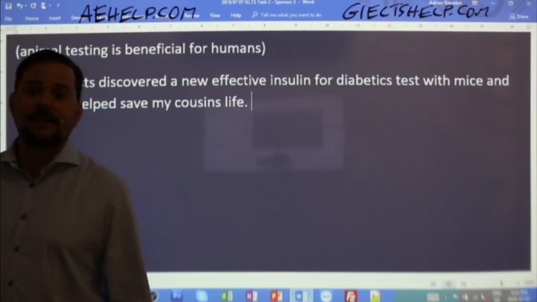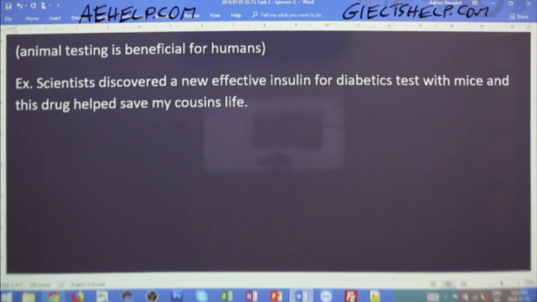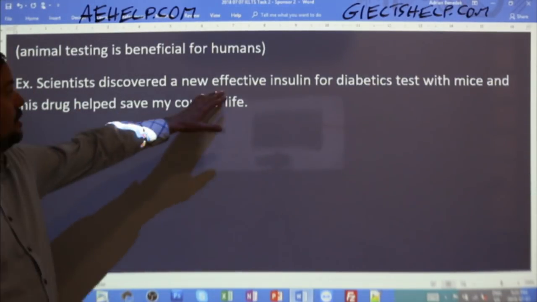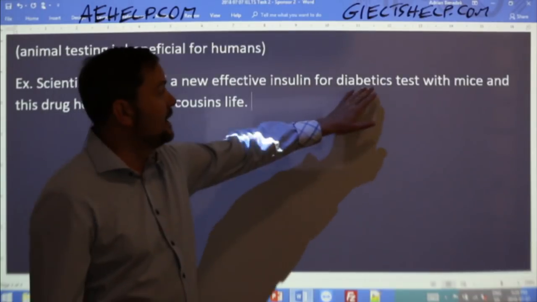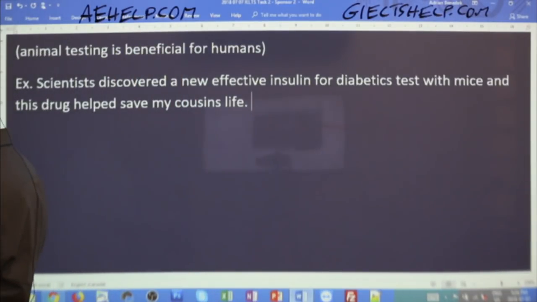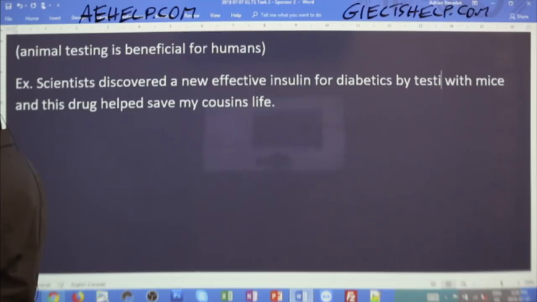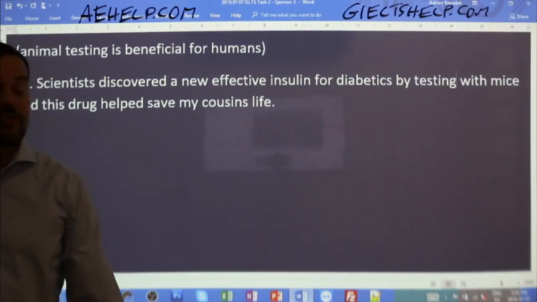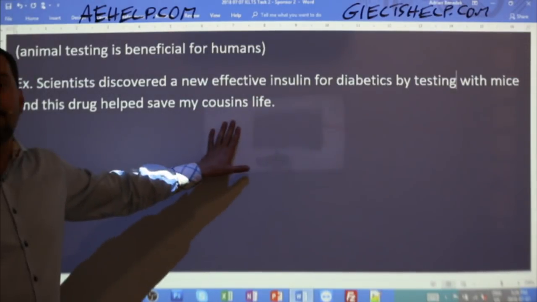Okay? It takes a little bit of practice, but that's how you do it. So scientists discovered a new effective insulin for diabetics, testing with mice. And this drug helped save my cousin's life, okay?